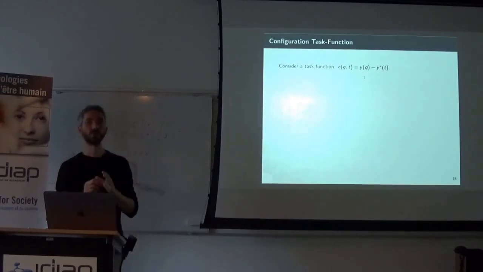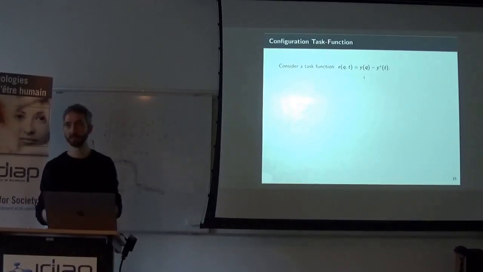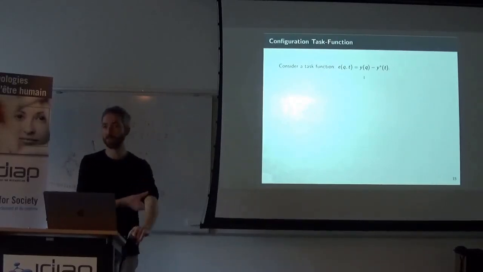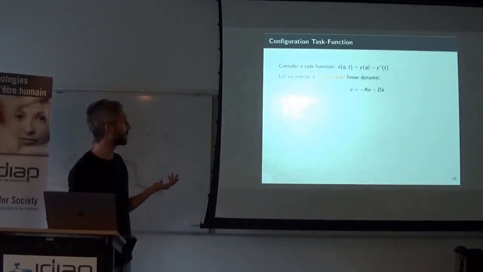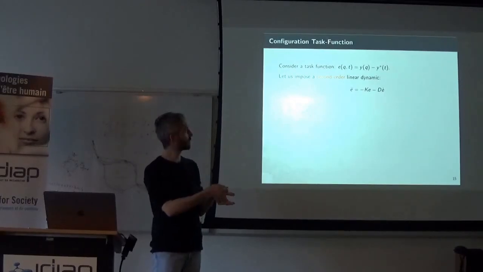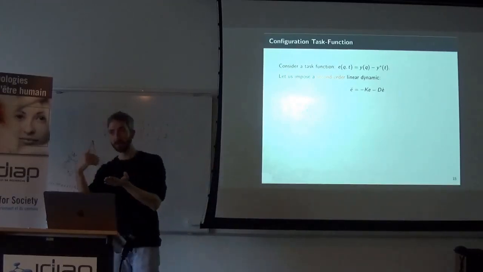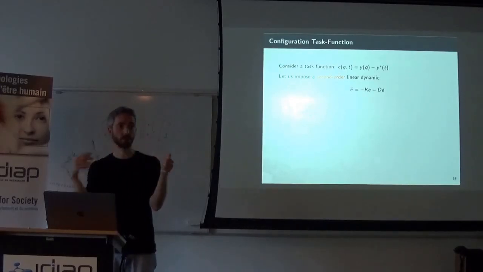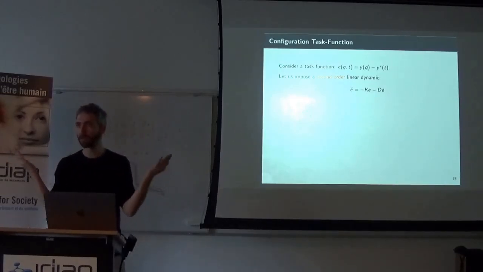So for a task function that depends on the configuration of the system, we can do something very similar to what we just saw for the case of a velocity-dependent function. The only difference is that in this case, we cannot impose the first derivative of the system, but we have to go to the second derivative because we want to reach the acceleration level, because it's only at acceleration level that our control inputs are acting, because we have a second order system.